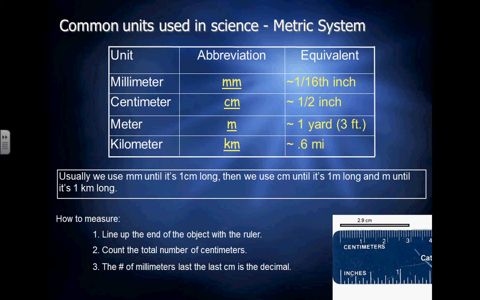So where do you get the decimal? It's by how many millimeters it is. So it's 2.9 centimeters. Okay? How many millimeters is that? Herschel? 29, yes. All right. Any questions about length or the metric system?